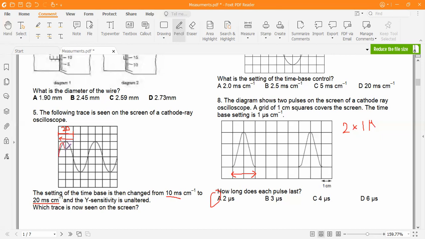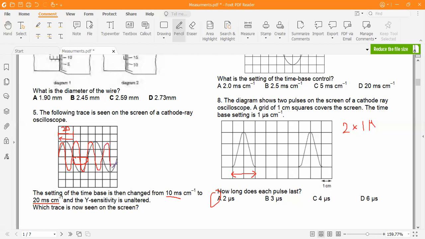The graph will become like this. Then this part that was happening in 20 milliseconds will again be compressed and become like this, and so on. This will be your new pattern on the screen after you change the setting.